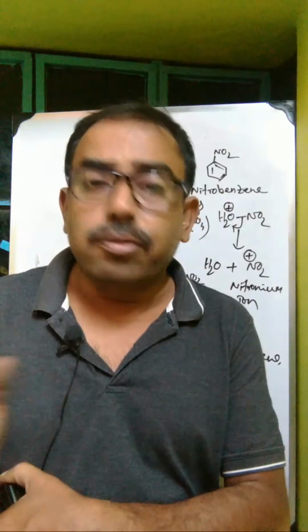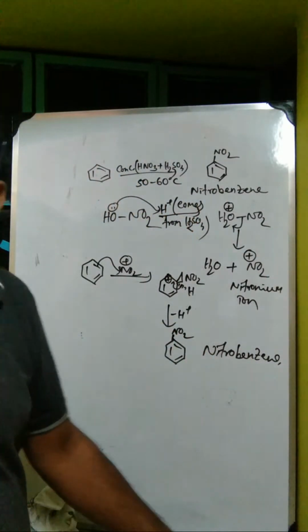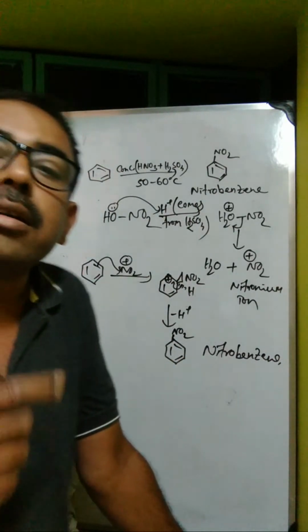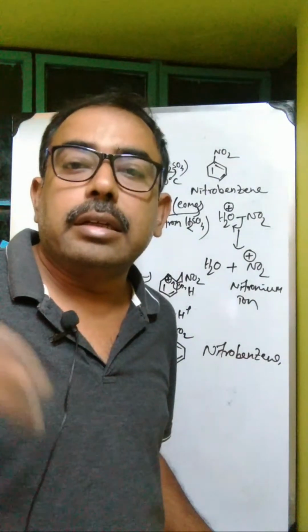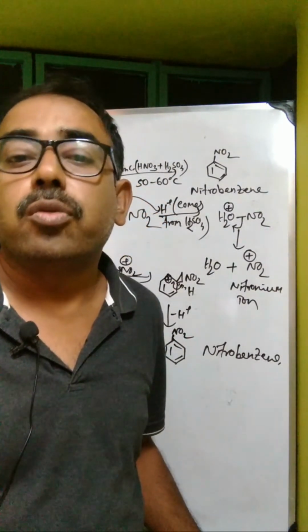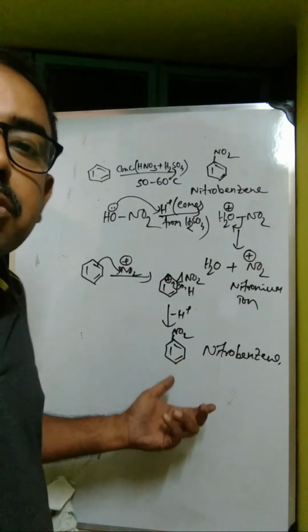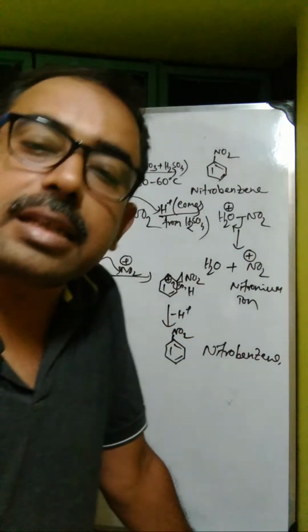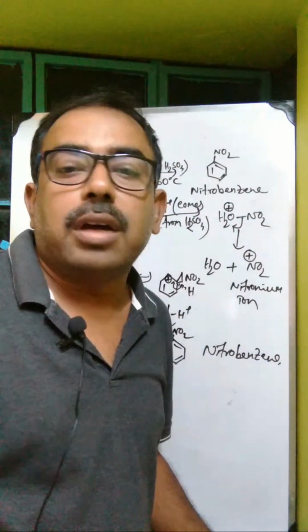But if a nitro group is already there, and we make a nitration reaction of nitrobenzene, then what will occur? Where will the NO2 group come, here, here or here? That will depend upon the substituent which is already present, which will direct the incoming electrophile to different positions.